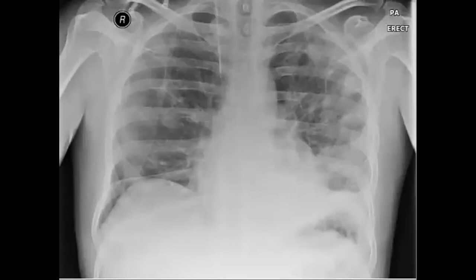Frontal radiograph of an adult male, and there are bilateral opacities. These opacities, are they nodular opacities or consolidative opacities? What do you think about it? How do they look? And are they central or peripheral?